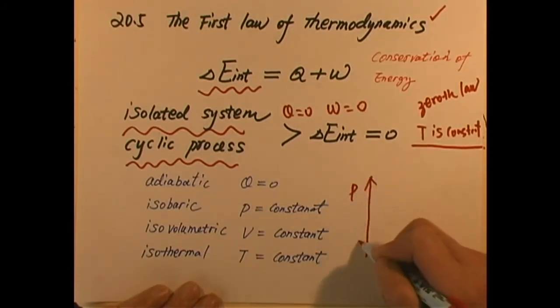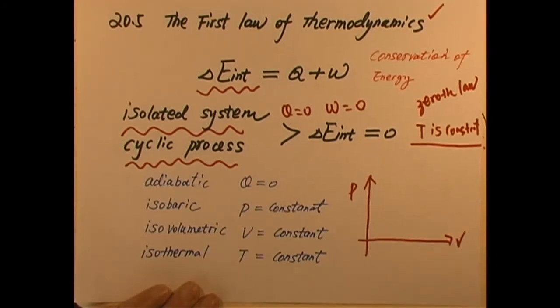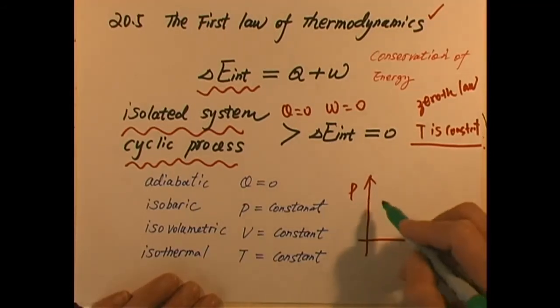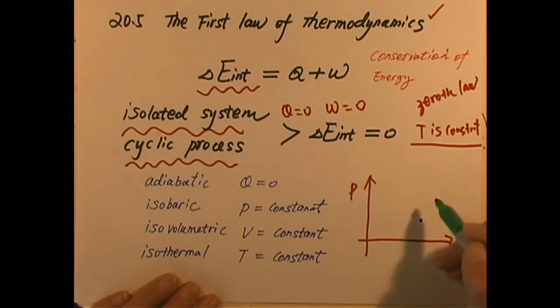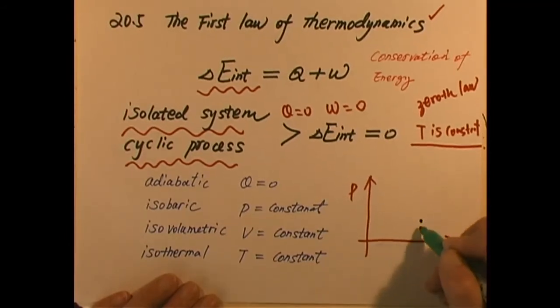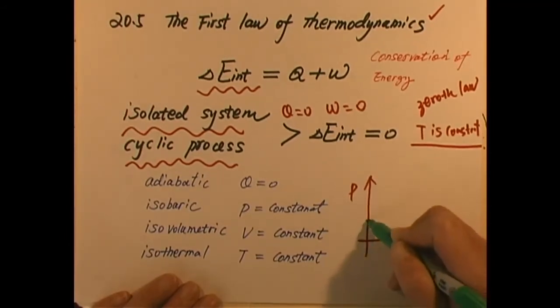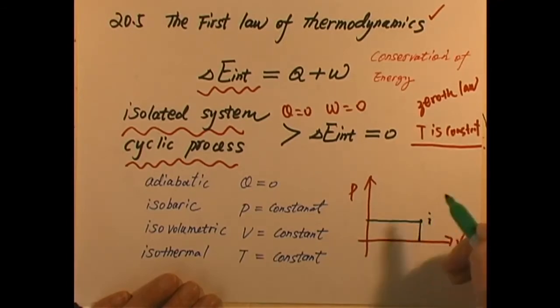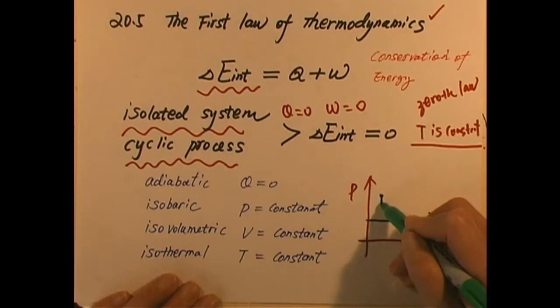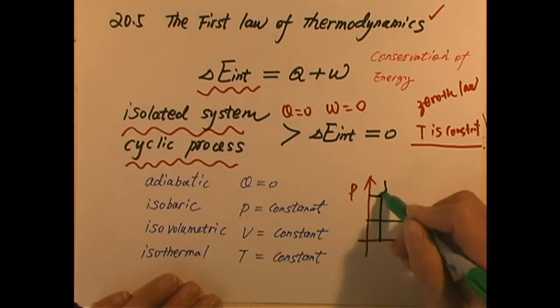Well, if this is a pressure versus volume diagram, let's say we start from somewhere. Do you remember, we start from an initial of large volume, relatively lower pressure, that's initial, and we compress the piston, push the piston down, so the volume decreases, pressure increases, that's final.